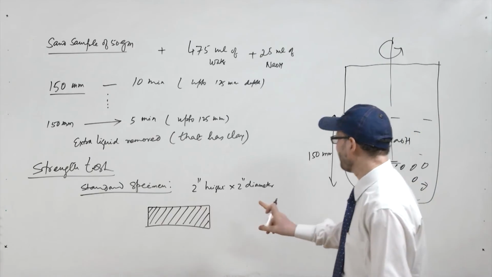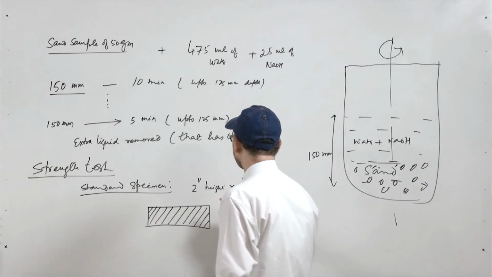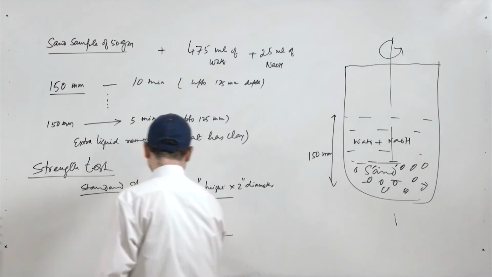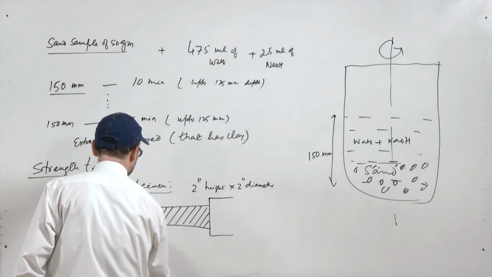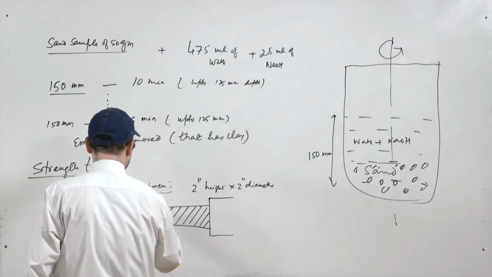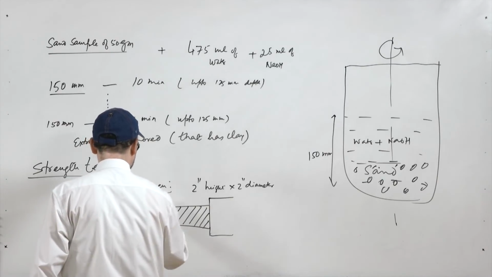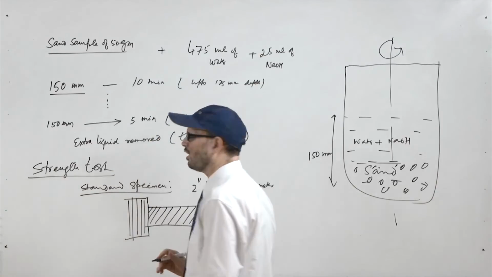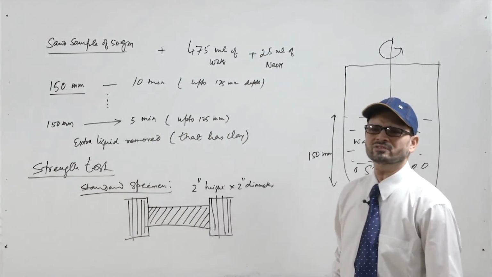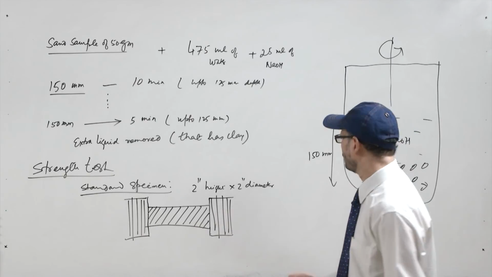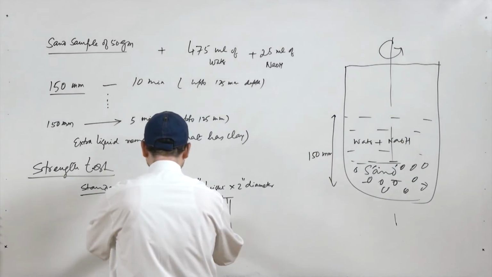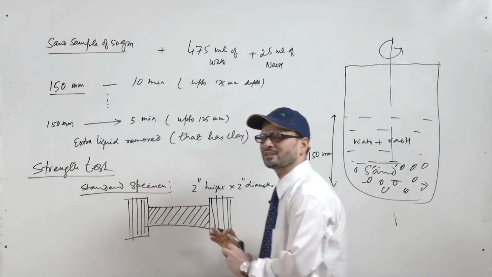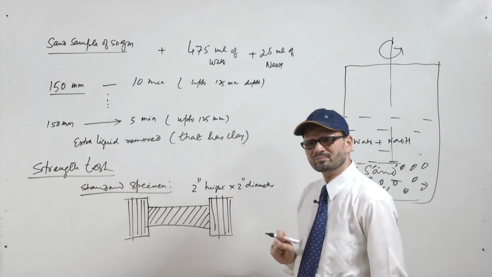Now this specimen, you may have the grip on both the sides, and these grips are basically used to carry out all the types of tests. So, basically you may use the compressive test by compressing it from both the sides.